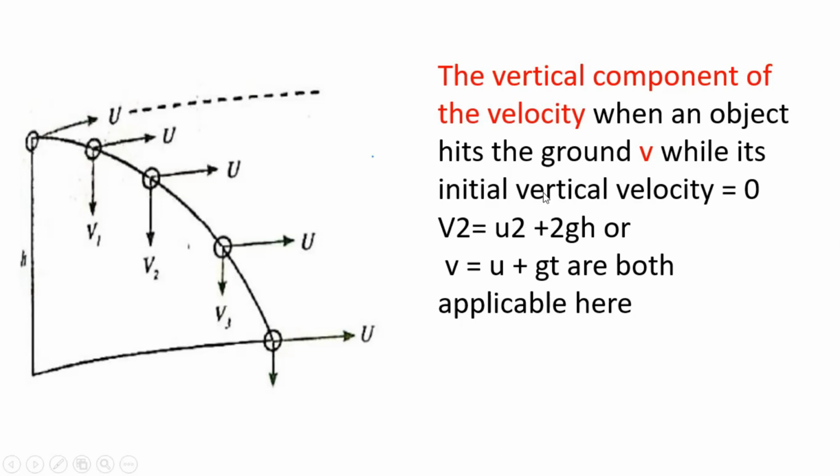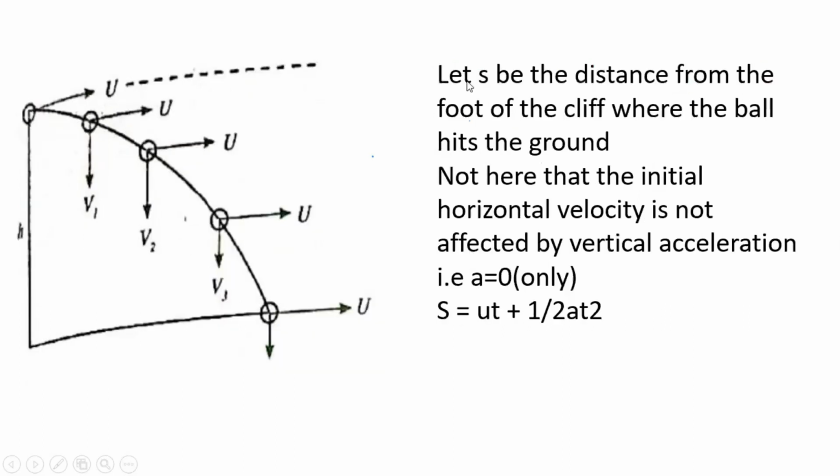So for the vertical component of the velocity when an object hits the ground, with its initial vertical velocity equal to zero, these two formulas are applicable. So how do we apply these two formulas? Let S be the distance from the foot of the cliff where the ball hits the ground.